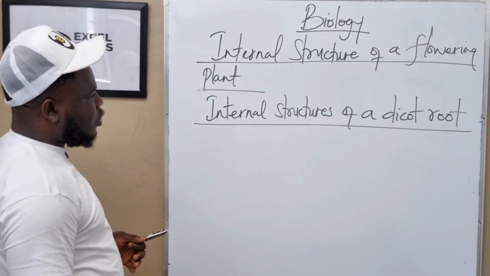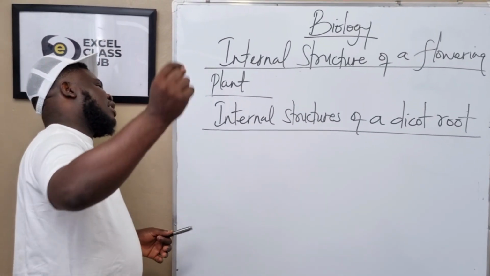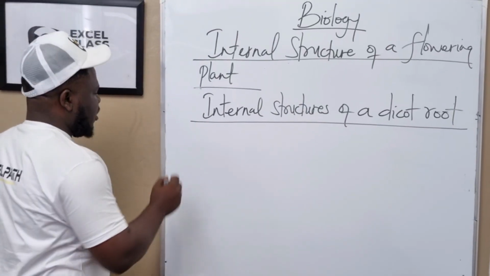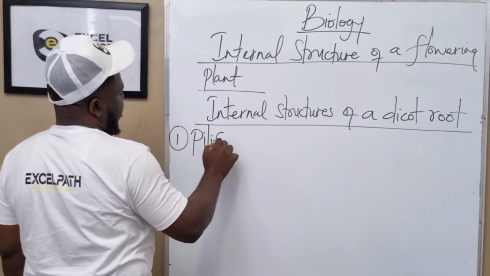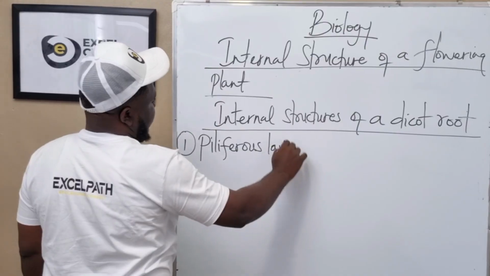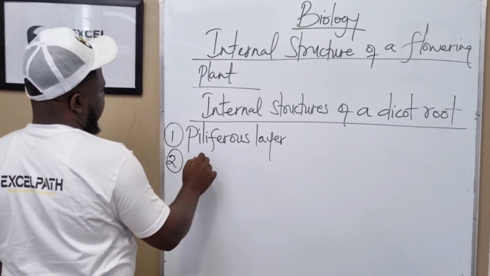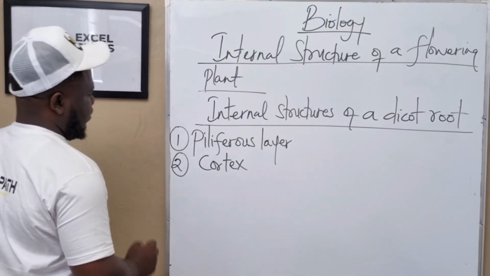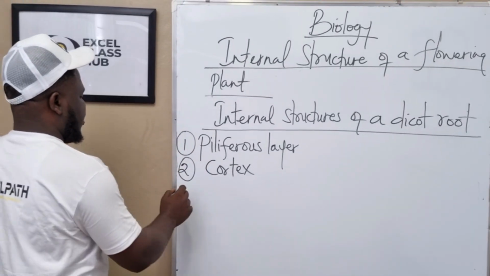In the internal structure of a dicot root, from the outside to the inside, these are the structures we are going to see. The first one is what we call the piliferous layer. The second one is the cortex. After the piliferous layer, we have the cortex.